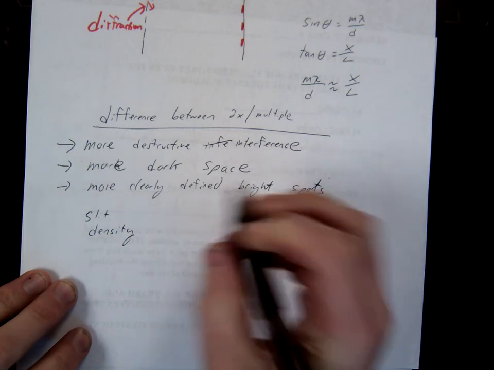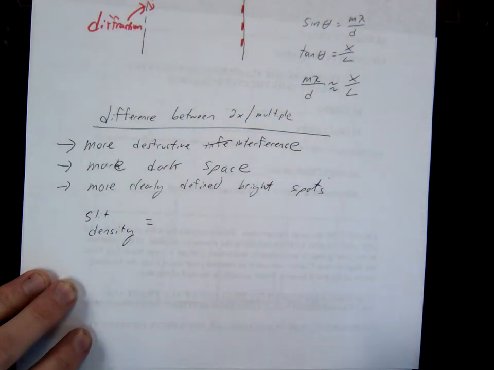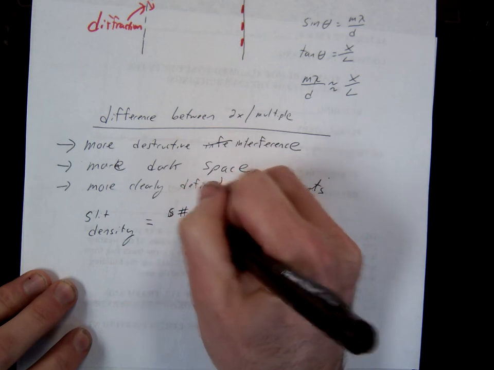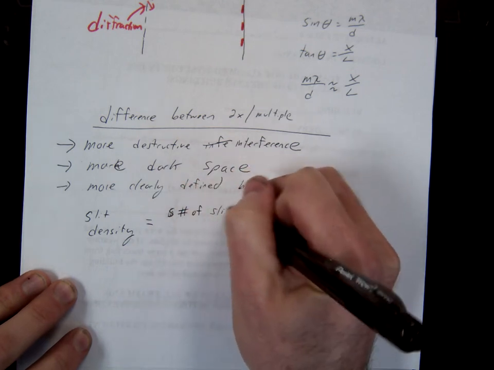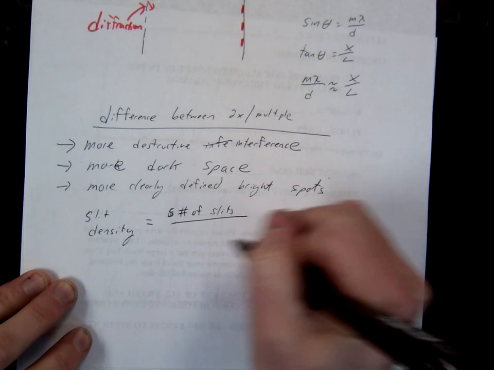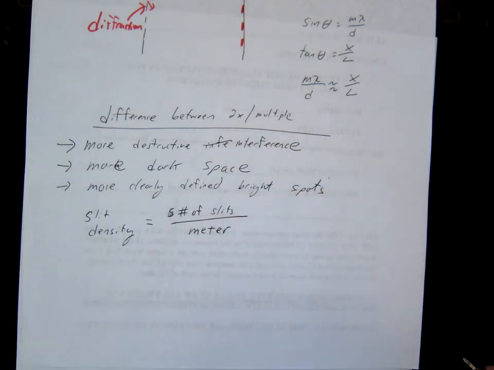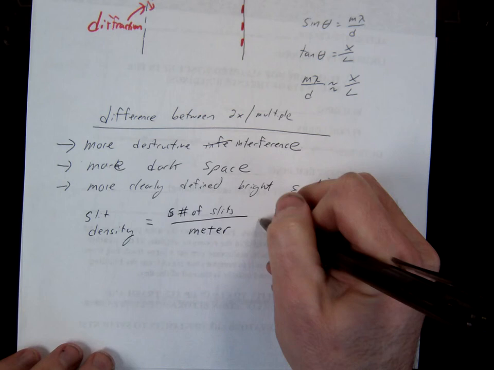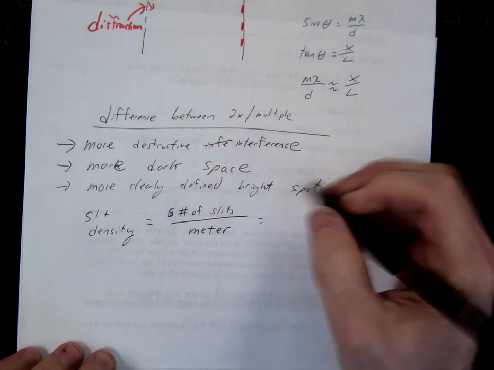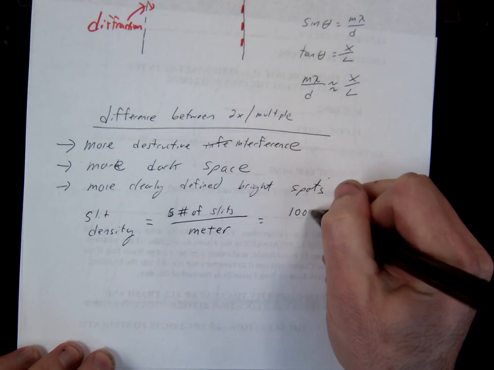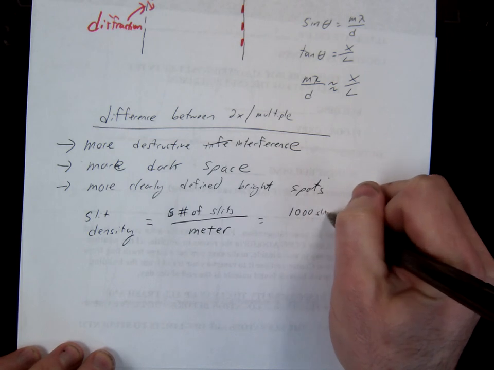And the slit density is the number of slits per meter. They oftentimes will tell you that. So for example, they usually don't even say per meter, but they might say per centimeter. So maybe let's do that, 1,000 slits per centimeter.